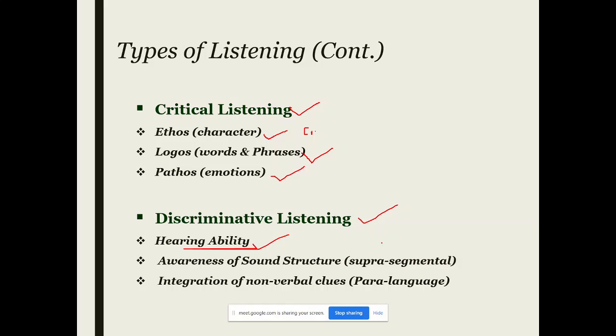The second skill is awareness of sound structure, which is known as suprasegmental features. Let us say, for example, in yesterday's lecture I had already mentioned that the word sorry or please can be said in different tones, and just by listening to that tone one can understand the mood of that person, because just because somebody is saying please, it is not that he is urging you, no. If somebody is urging you right from the bottom of his or her heart, she would say, sir please.